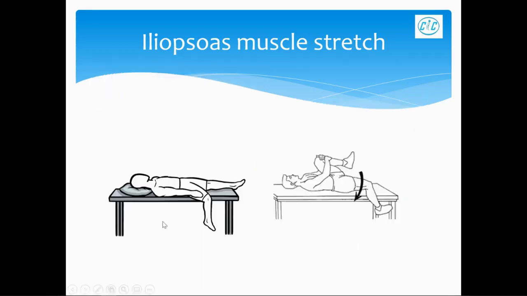And here is another way of stretching this muscle right here: lying down on the side of the table, bring the hip back, and the leg is going to be resting on the side of the table. You can make it even stronger by bringing the other knee toward your chest.